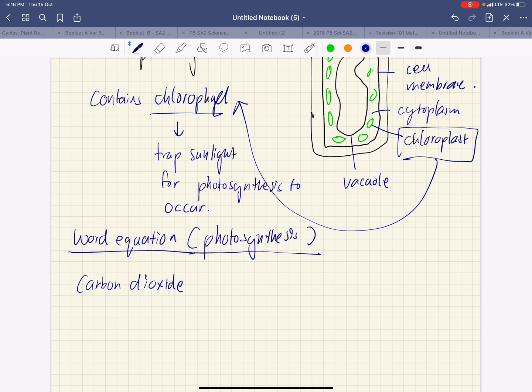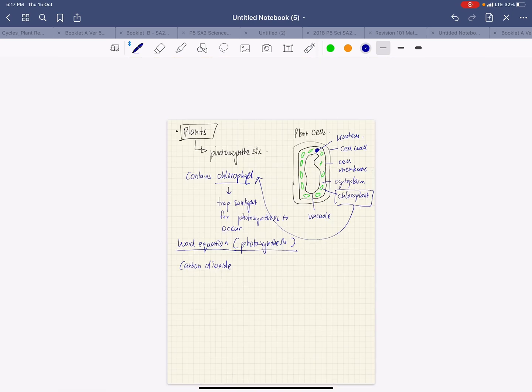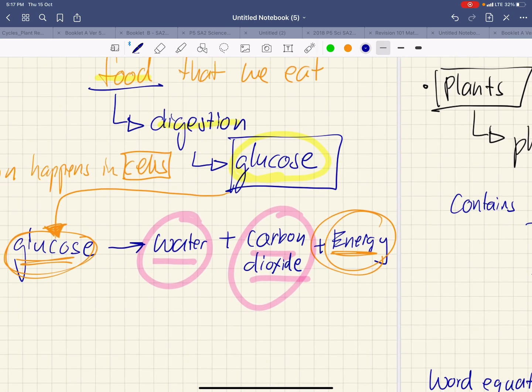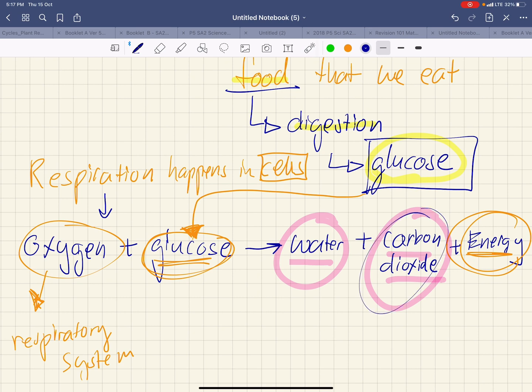Now before I continue, I just want to let you know that photosynthesis and respiration are actually two very opposite reactions. Whatever is a waste product in one reaction is actually a required item for another. For example, carbon dioxide is actually a waste product of respiration. If you recall, let's very quickly skip back there. There you go, carbon dioxide.